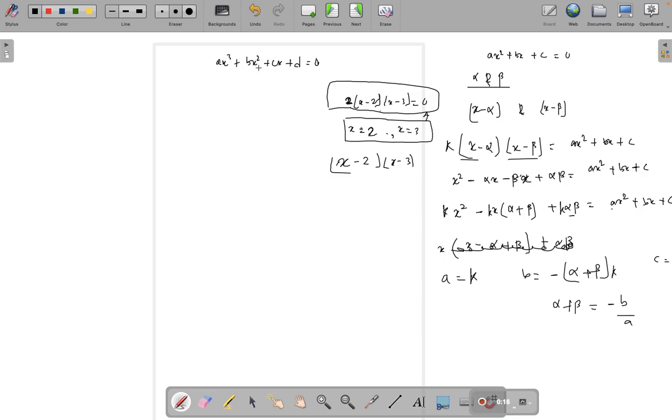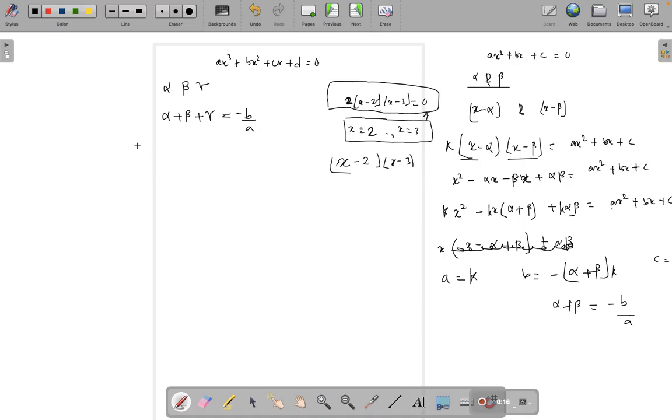Similarly, for ax cube plus bx square plus cx plus d, you will not be asked to derive this, but you have to remember it. There will be 3 roots because the degree is 3: alpha, beta, gamma. Again, the sum of roots, alpha plus beta plus gamma, will be minus b upon a.